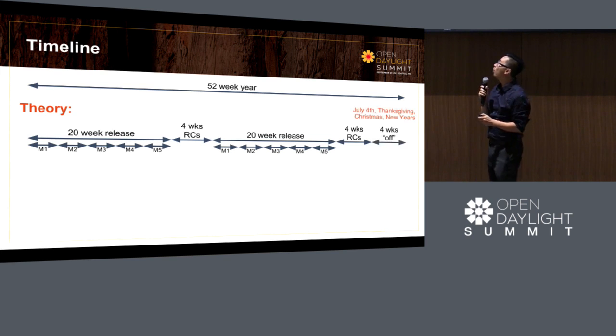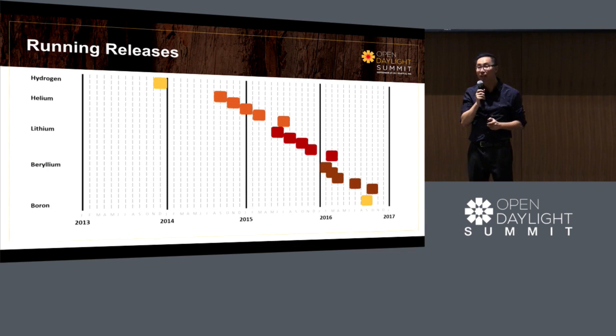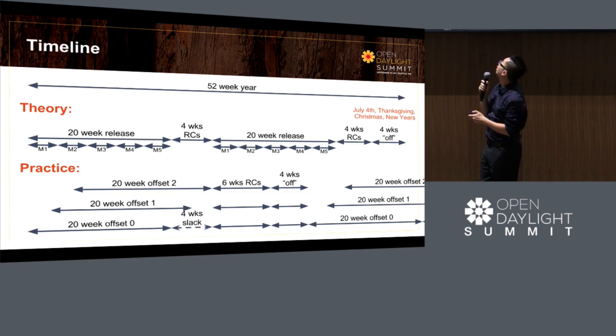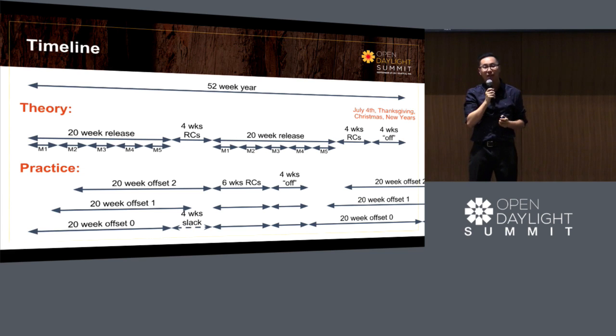And so what we found is that in practice, it's a little bit more nuanced with holidays that come in. And the fact that there are multiple release trains running at the same time.